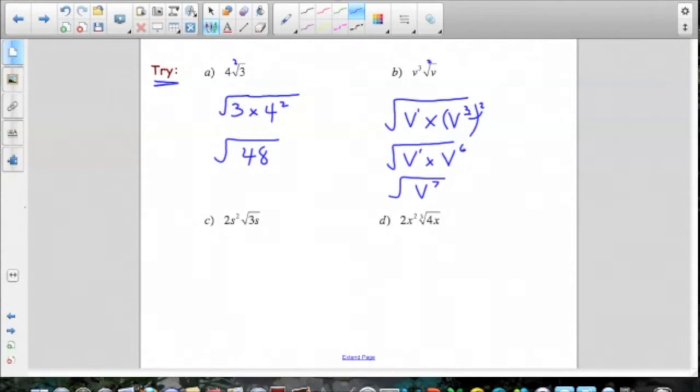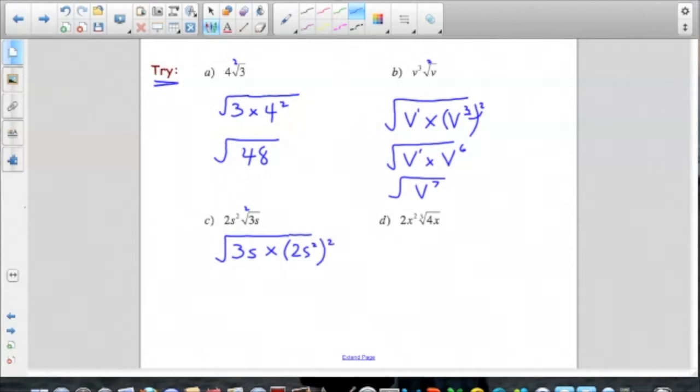All right, so let's try C. We take the radicand. We multiply it by the coefficient that's in front, and it's squared because the index is 2. Let's just put the index in. Now we just do a little bit of math.